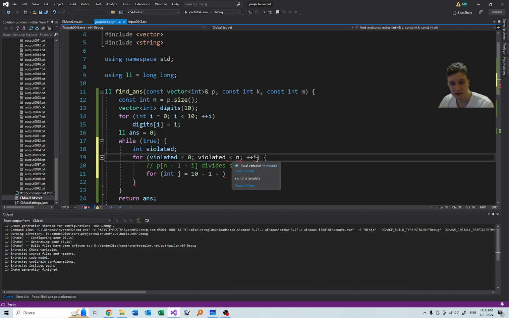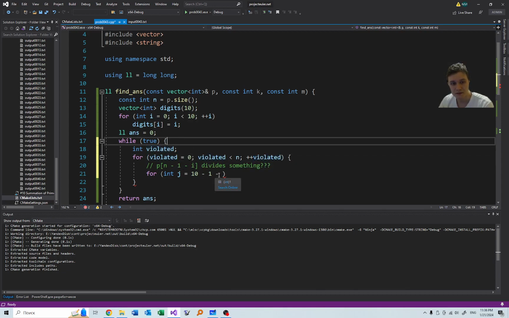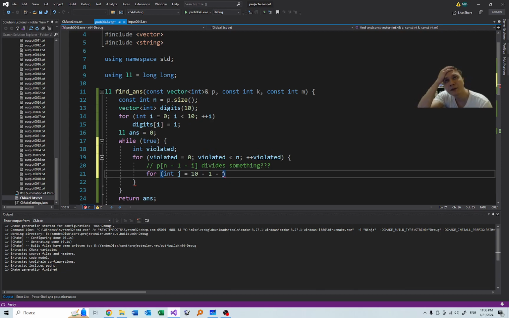So violated is the number of the violated condition. So let's start with the digit number violated, with j less than violated plus k.